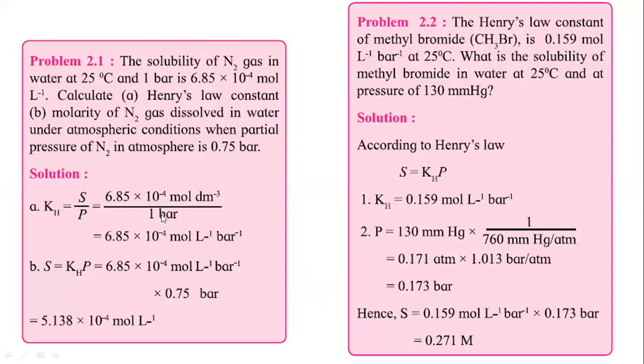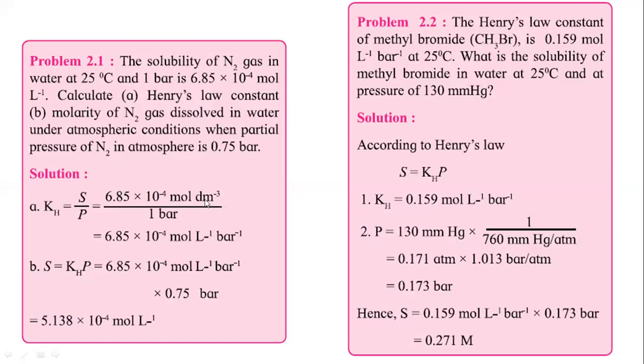Both things are given. So 6.85 divided by 1 will be 6.85 into 10 raised to minus 4. For calculating this, you will get 1.5 marks, remember. So if the numerical is for 3 marks, by writing this formula, putting the values and calculating, we get 1.5 marks here.